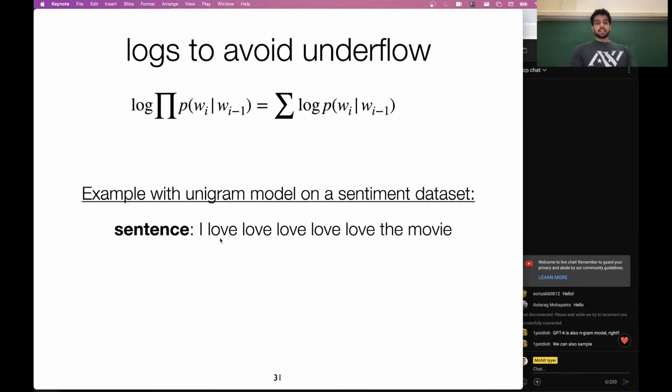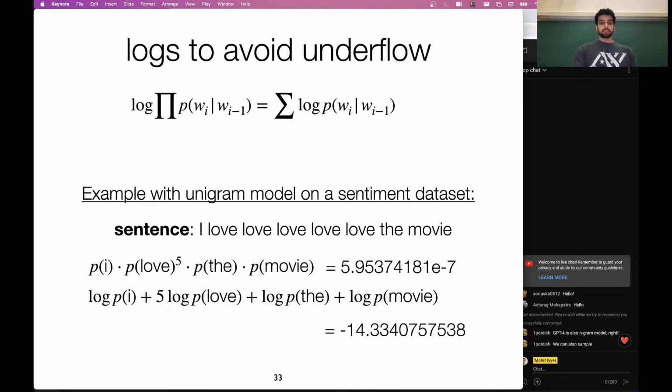So let's say we have this sentence, "I love, love, love, love, love the movie," and we have a unigram model that we've estimated on some movie reviews. The raw probability of this might be 5.9 times 10 to the minus 7th. The log probability here is just minus 14. So this is much more reasonable to deal with and interpret, and also for optimization when we get to training machine learning models for this task.